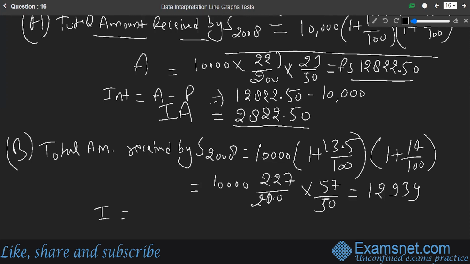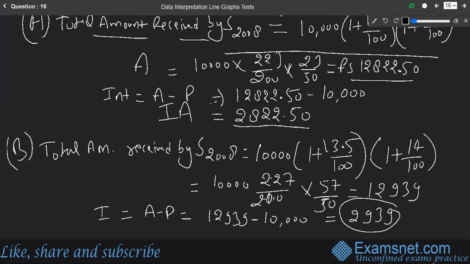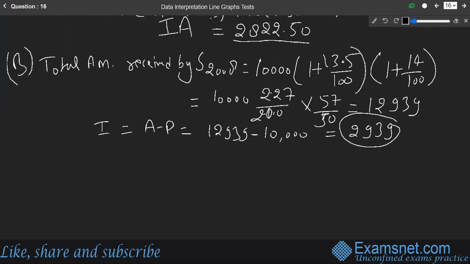Now, what will the interest be? Interest will be nothing but amount minus principal. So 12,939 minus principal, which is again 10,000, and this value comes out to be rupees 2,939. This is the interest received in company B. So interest B is 2,939. He has asked us to find the difference.